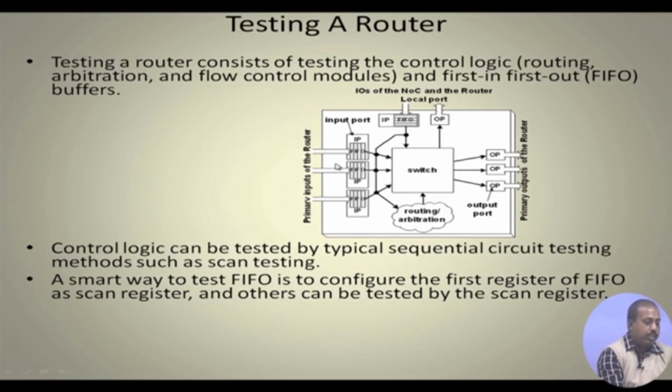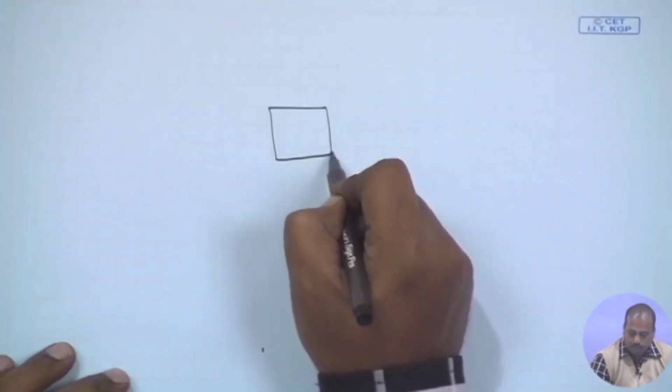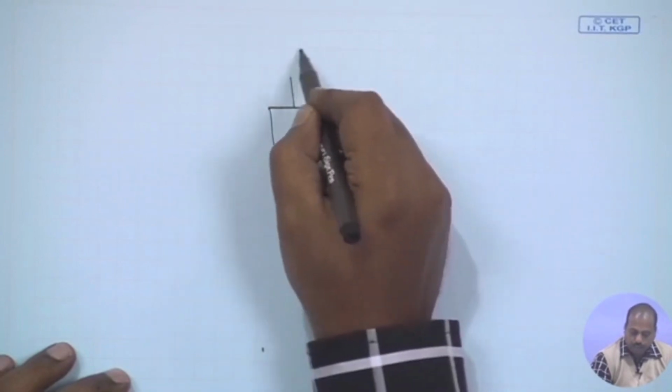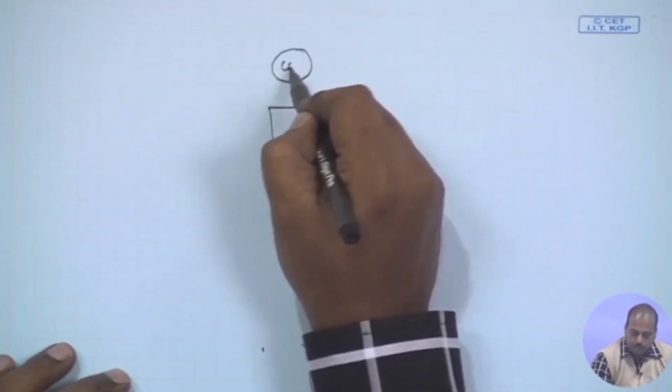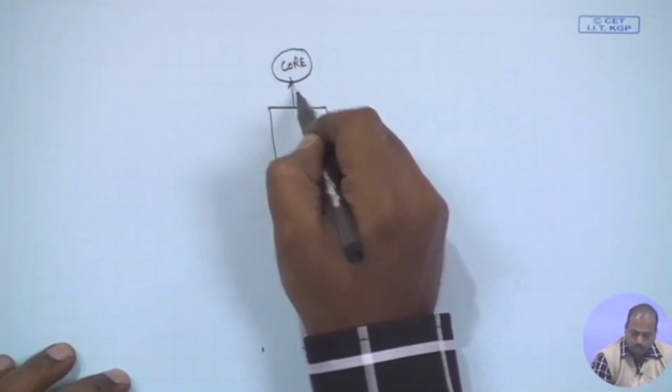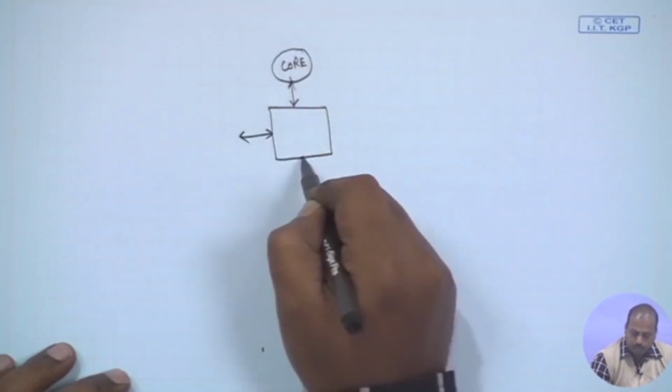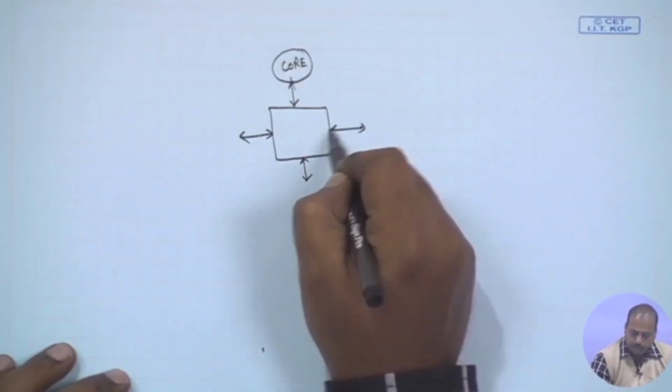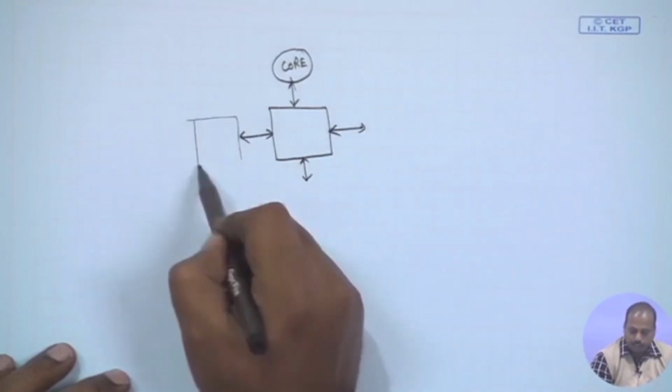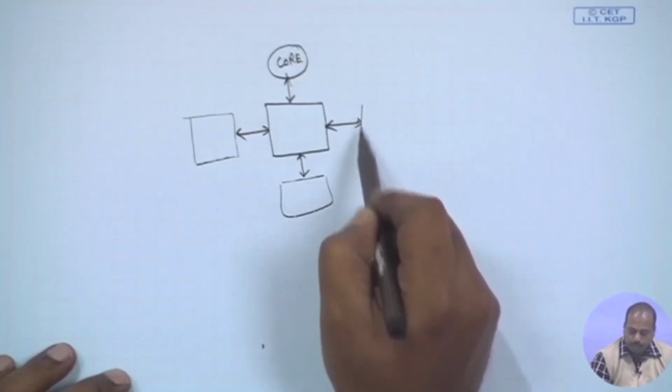In this case, it is assumed that there are three global ports and one local port. There is a local port here, on which I will connect one core. And there are 3 other ports to which the neighbors will be connected. Another router will be connected here, another here, and another here.